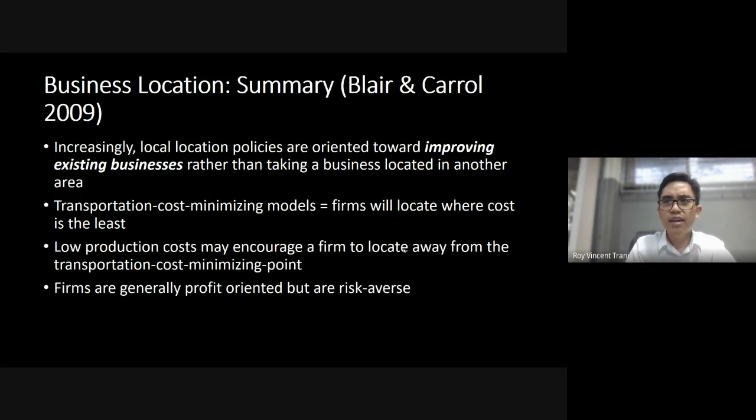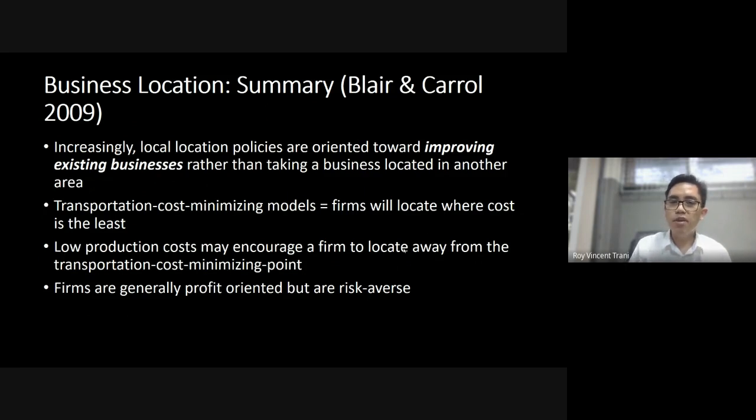And this also goes in line with the transportation cost minimizing models. Since the agricultural land is already there, you may improve their transportation costs by providing programs where they don't have to pay as much.